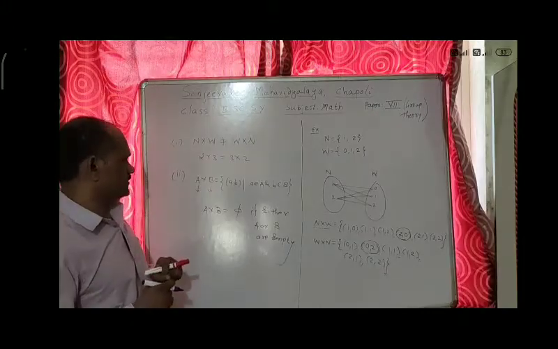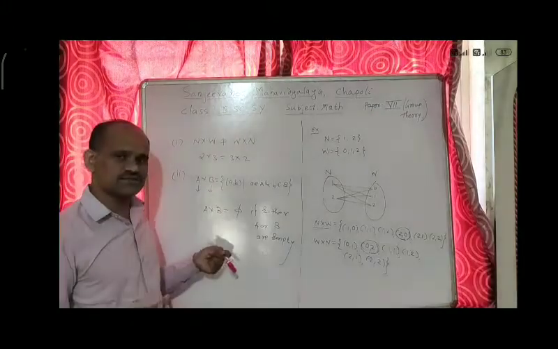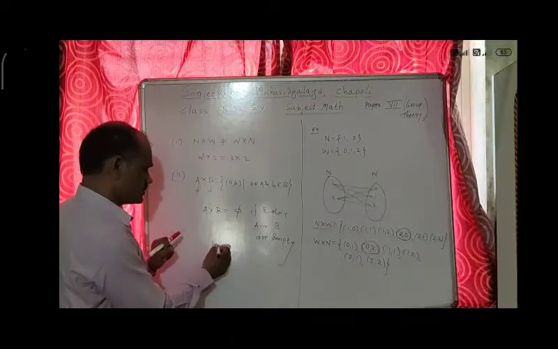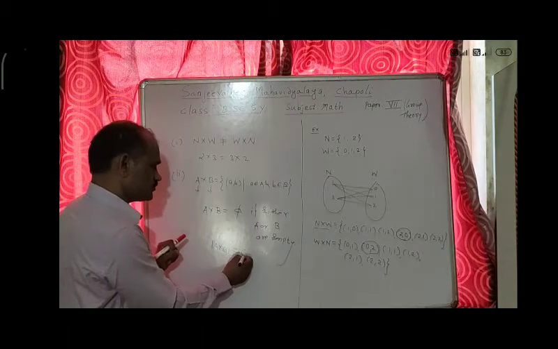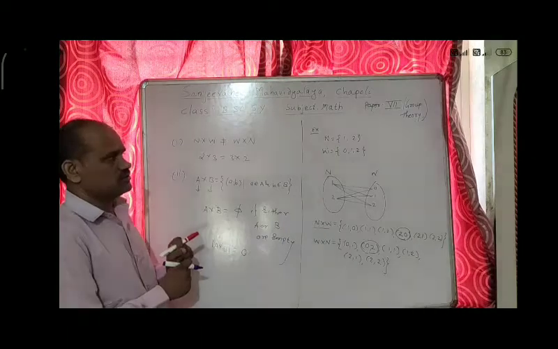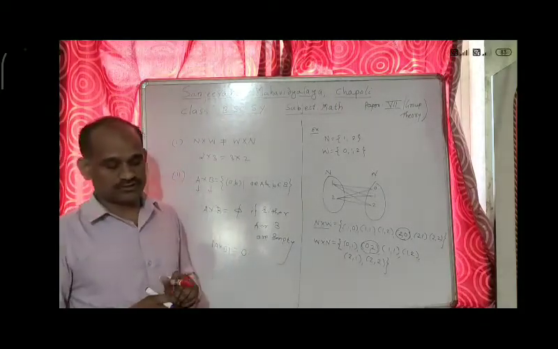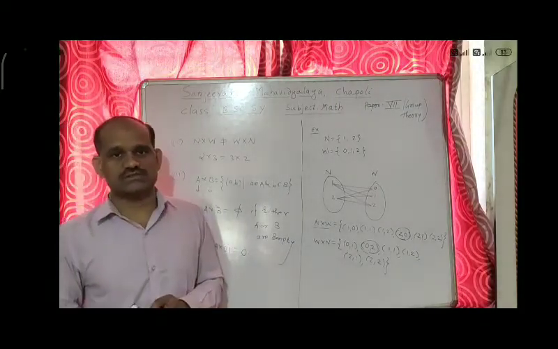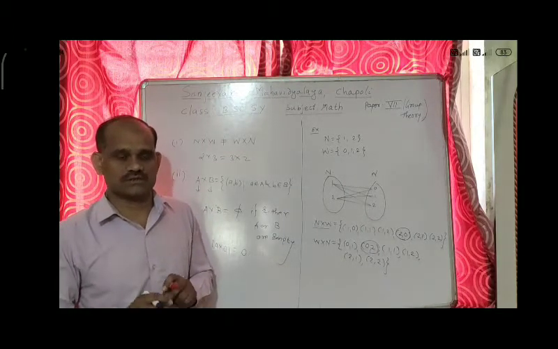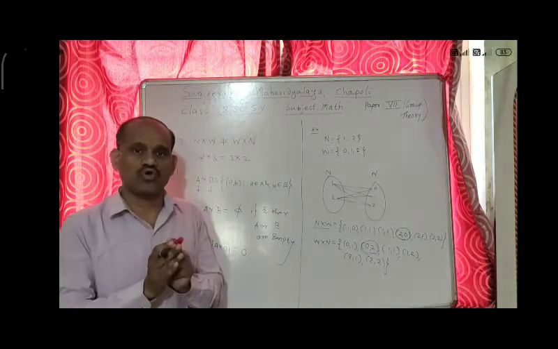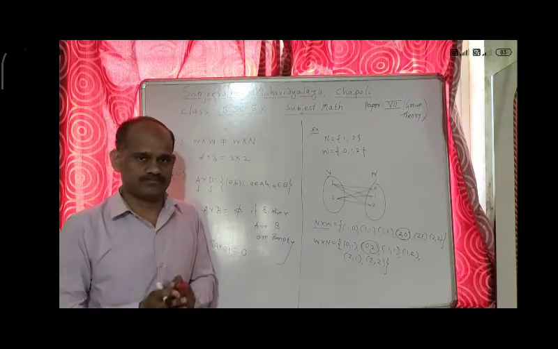So this is the second point. The cardinality of A cross B is equal to 0. So these are some important points about the Cartesian product, cross product.